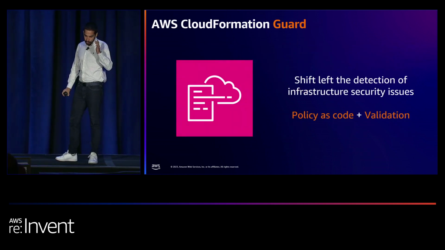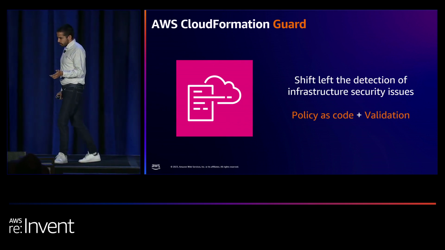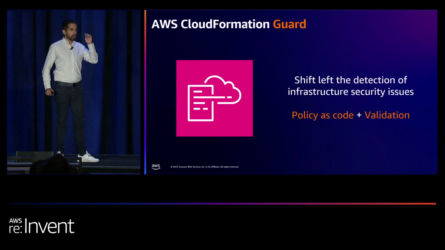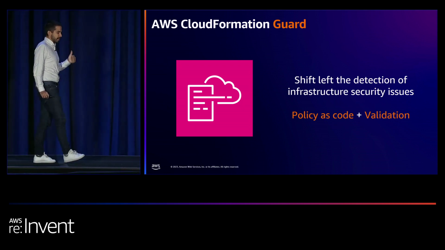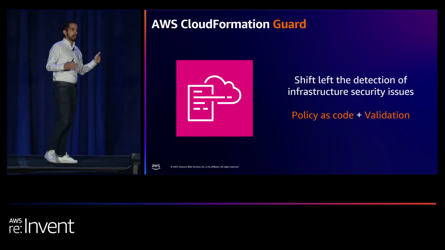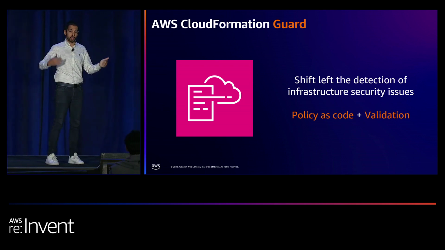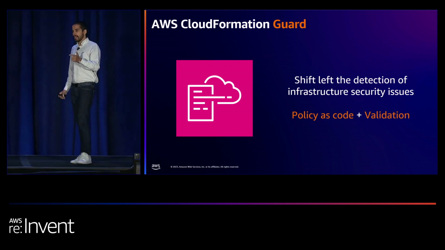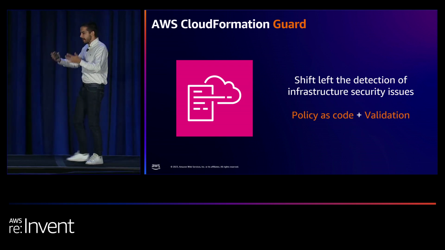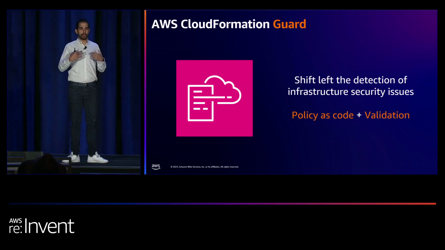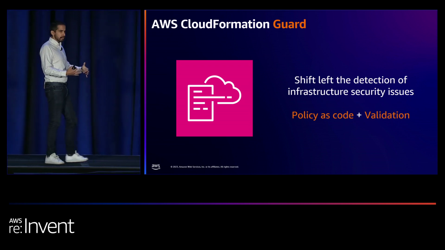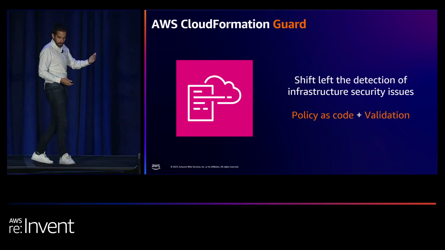CloudFormation Guard is an open source CLI that helps you do two things. First, you express your policy as code, meaning that you define what good looks like, what's allowed, what's not allowed. And then when you are creating your CDK applications, you have a validation process where you validate that what you've written complies with the policy that you've created.